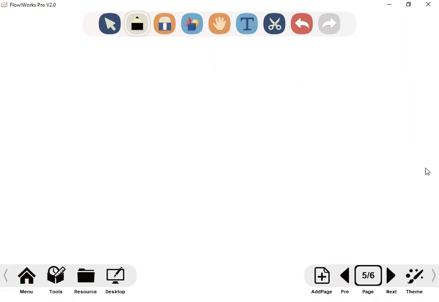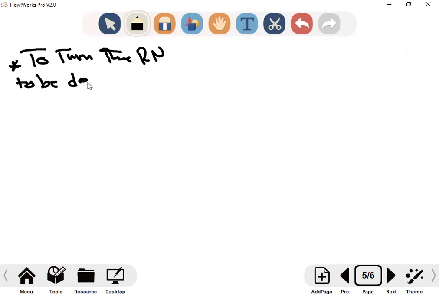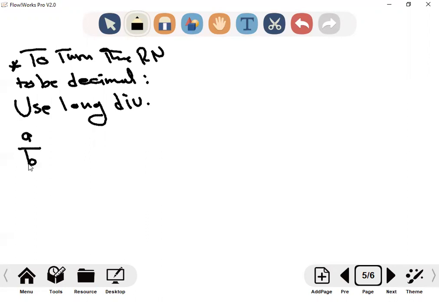So to turn the rational number to be a decimal, use long division. When I say long division, the rational number which will be given to you is a over b. You can use a divided by b and find your quotient.